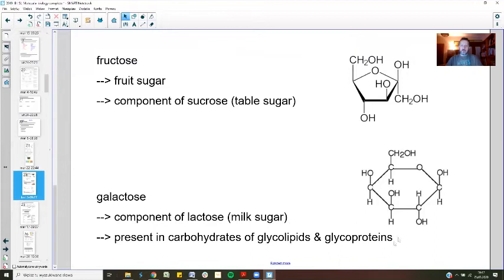We remember from cell membrane topics that these are components of the membrane. Glycolipids and glycoproteins are engaged in cell-to-cell communication, and for instance, the blood groups in humans.